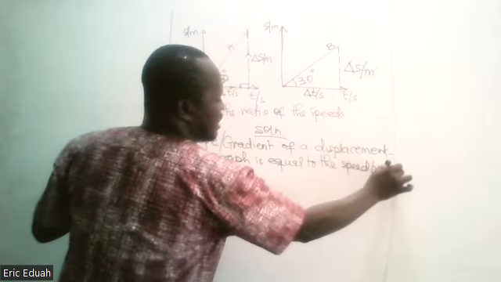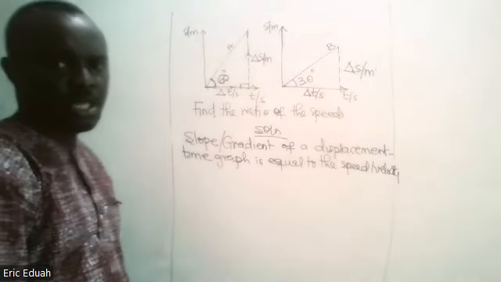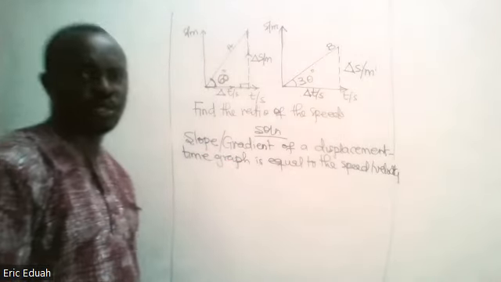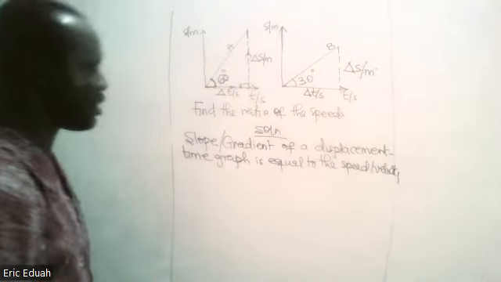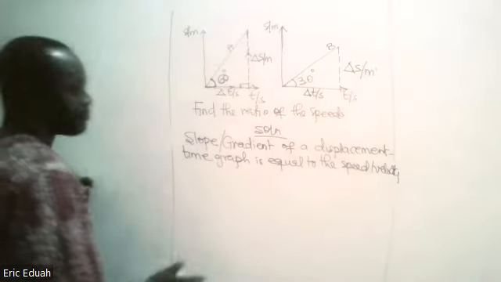I said in linear motion, speed and velocity are used interchangeably because we have one direction.